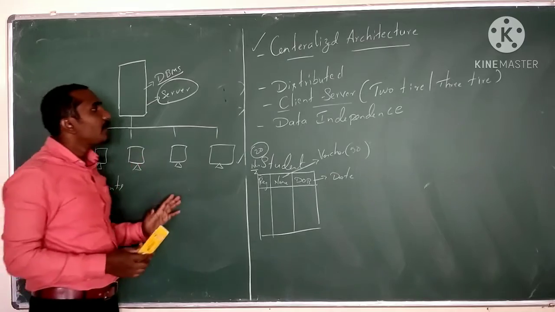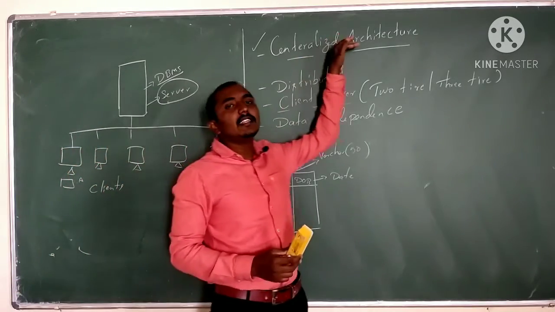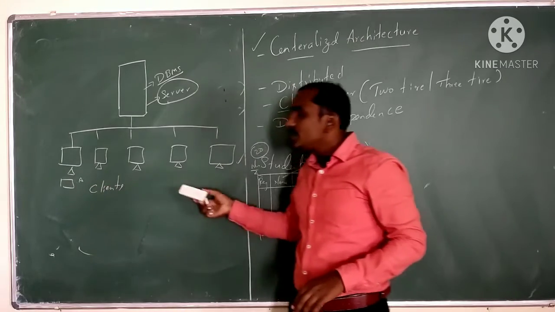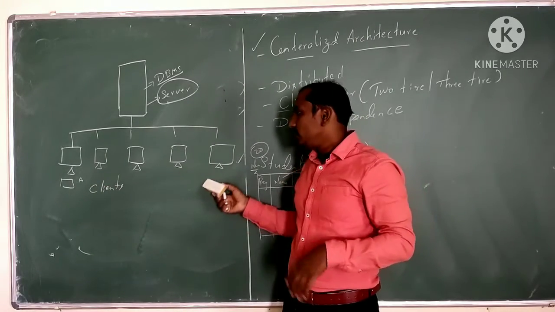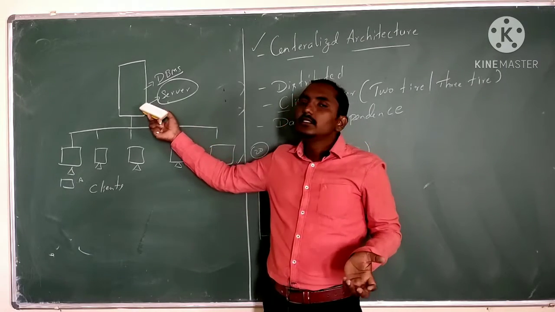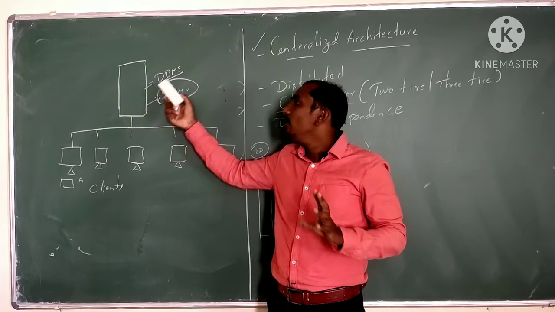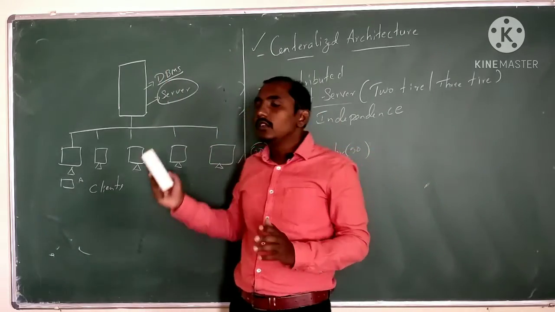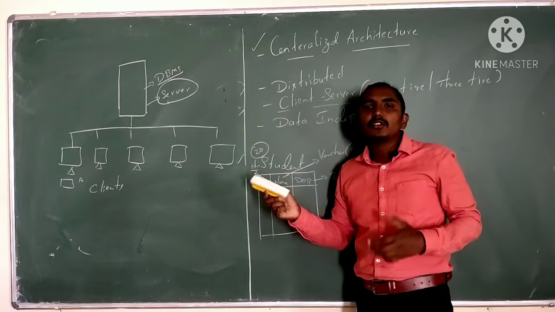This type of representation is considered centralized architecture, where we have different workstations or clients. Different numbers of workstations are connected to a single system where all the information is placed in a single device. That is nothing but your server.